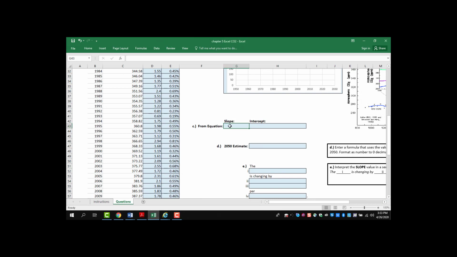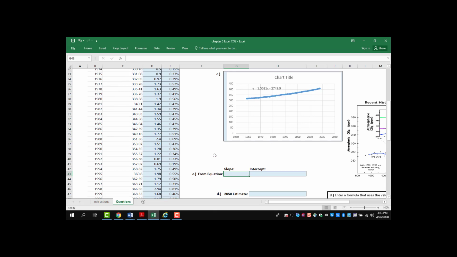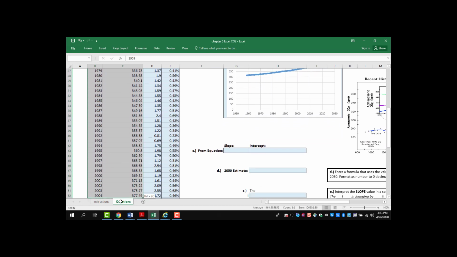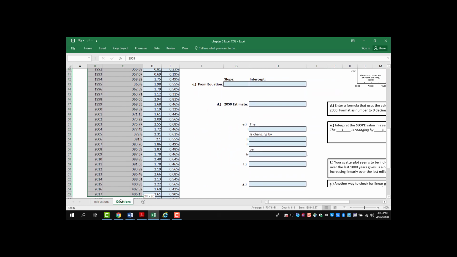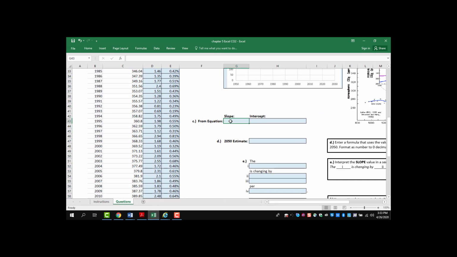Okay, down here are a couple of new functions we're going to use. So here's the equation we got. Remember, these things round a lot too, and I wonder what negative 2,700 means. We'll get to that. But the slope, I'm going to grab the year and the amount of CO2, and it's going to give me the average change per year. I should have done this first.